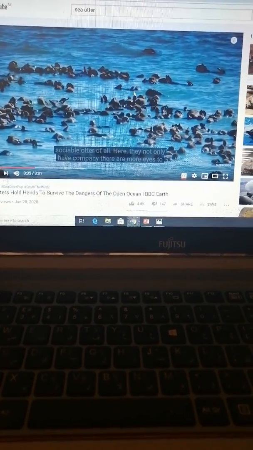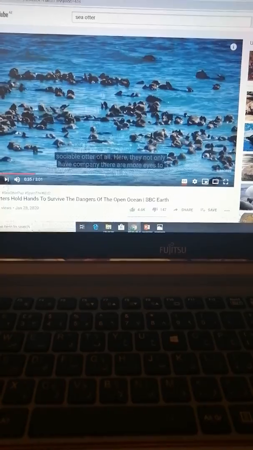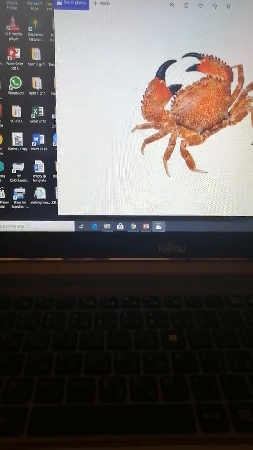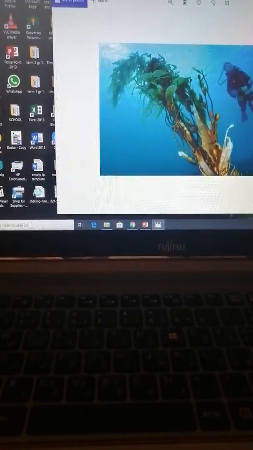These are sea otters. What's the food of the otter? It's crab, urchins. Okay, this is the food. This is one of these sea otters' foods.